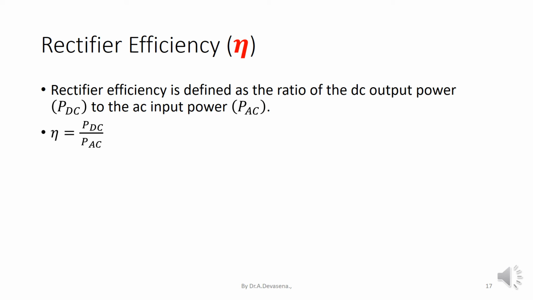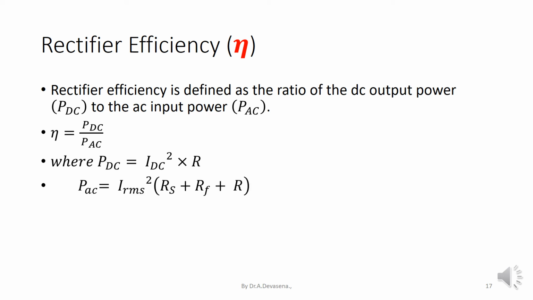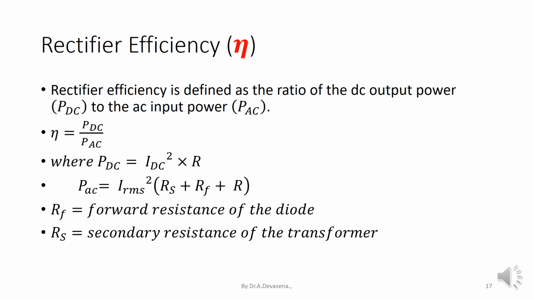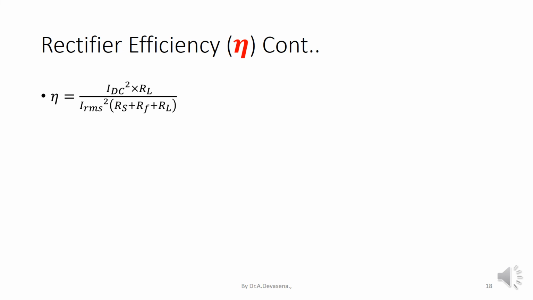That is, eta is equal to P suffix DC divided by P suffix AC, where P suffix DC is equal to IDC square into R and P suffix AC is equal to Irms square into RF plus RS plus R, where RF is the forward resistance of the diode and RS is the secondary resistance of the transformer. Rectifier efficiency eta is equal to IDC square RL divided by Irms square into RS plus RF plus RL.